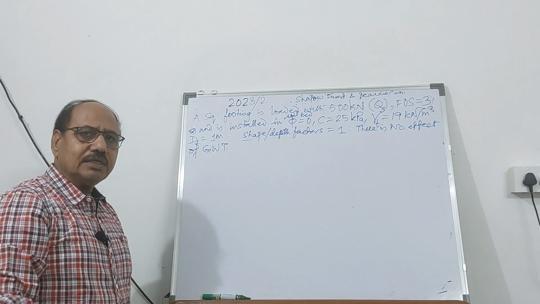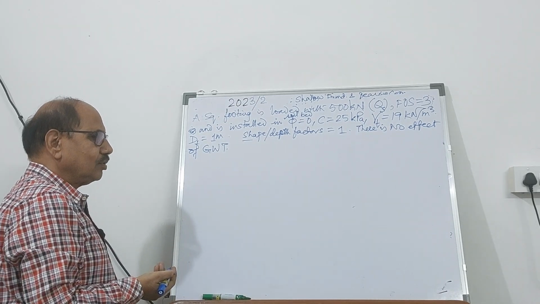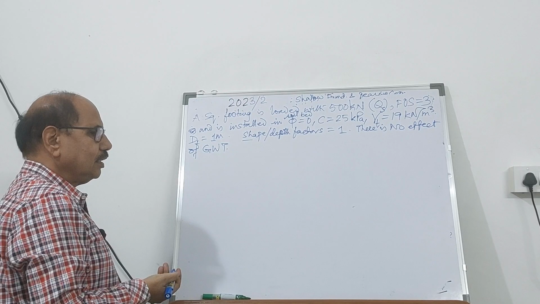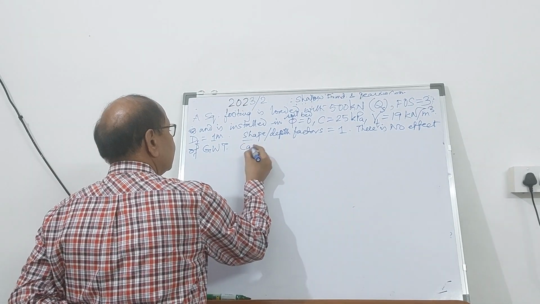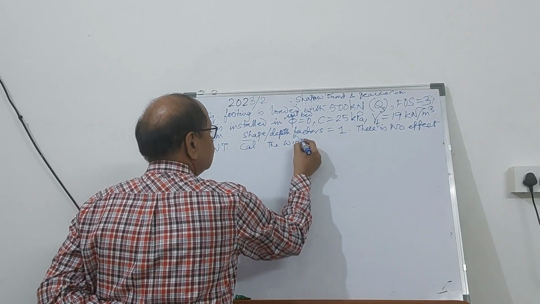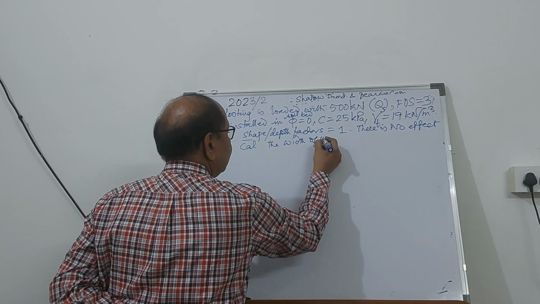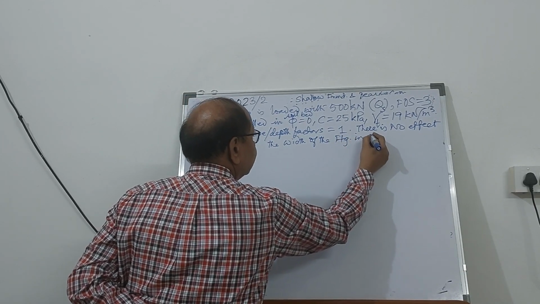That means the groundwater table is very, very deep. It is not going to affect your bearing capacity. Calculate the width of the footing in meter.